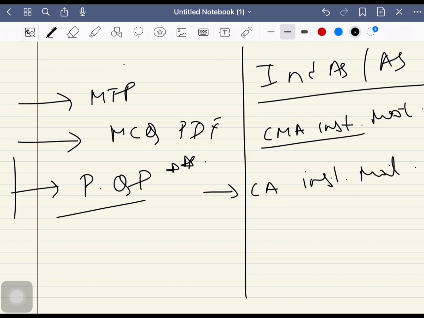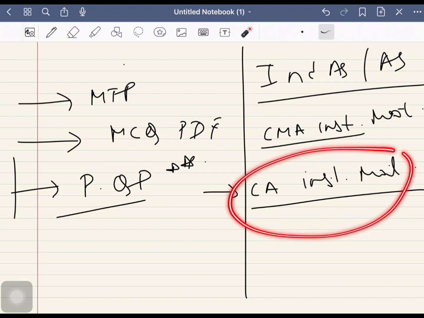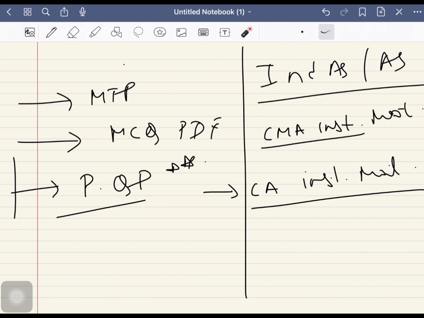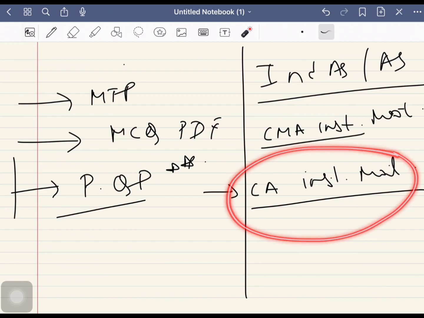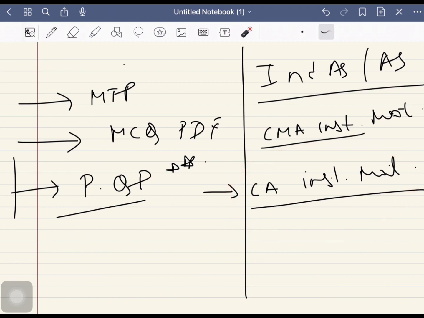I'll be sharing the link in the description. You can access it from here. Why I'm suggesting you go for CA Institute material also is that there are some additional questions in CA Institute material, and sometimes questions from CA Institute materials are asked in our exams. So that is why I am advising you to go for CA Institute material also. So that is for Ind AS and accounting standards.